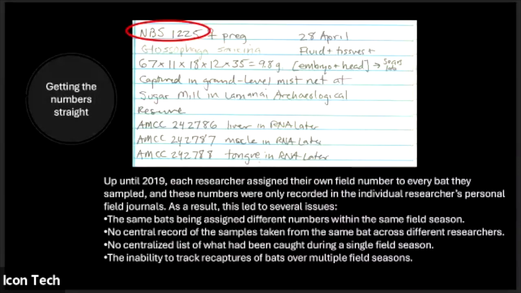As a result, a bat could get multiple IDs or multiple numbers. There was no way to track the collection of the samples or who took the samples. There was no comprehensive log of the captures, making it nearly impossible to track recaptures, collect data across researchers, or understand the full scope of what we were collecting over multiple field seasons.